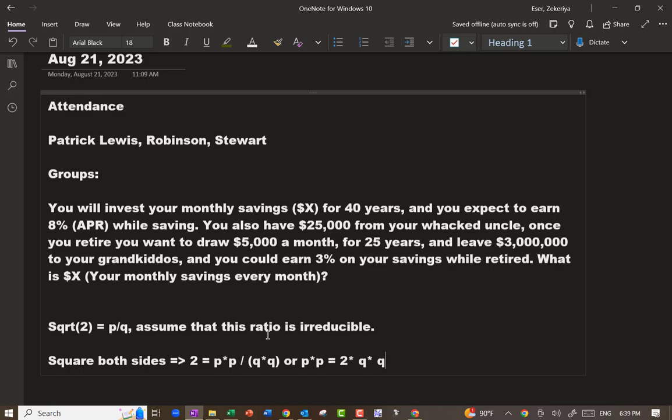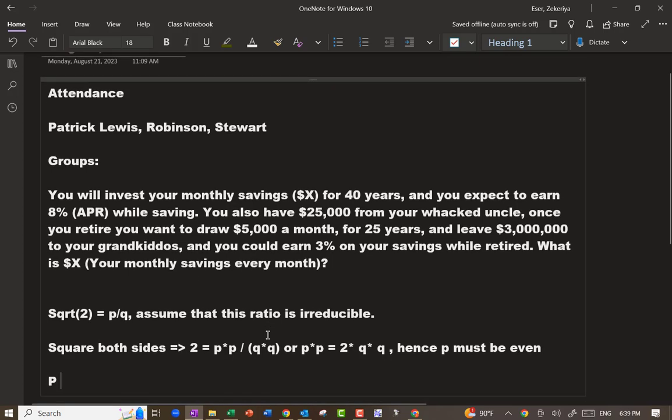Thus, you can write P as 2 times K for some K greater than 0. I'm assuming they're positive. You could also do negative. It doesn't change anything. Okay, if that's the case, then let's see.